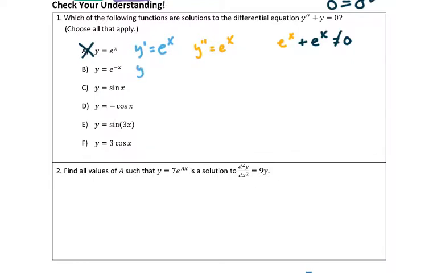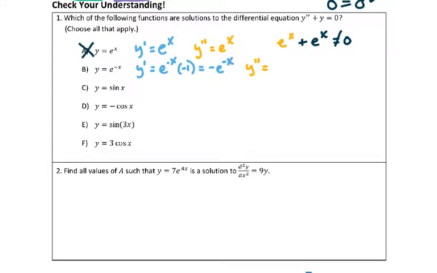So for this one, remember, you have the chain rule. So it is its own derivative, but then we multiply it by negative 1. So really we're getting negative e to the negative x. Then for the second derivative of that, it's going to happen again. So we're going to get this same function back, but times another negative 1 because of the exponent.